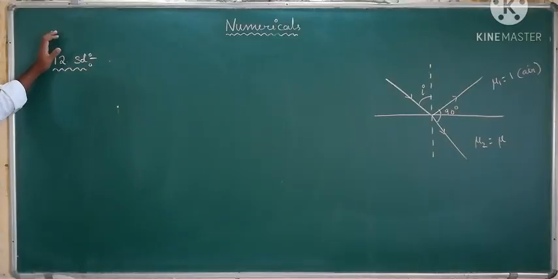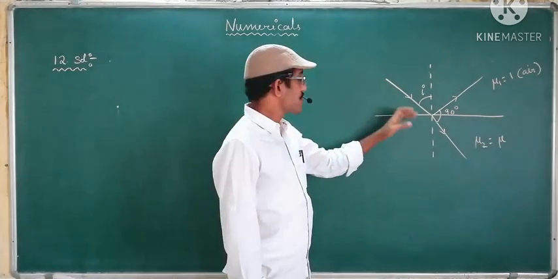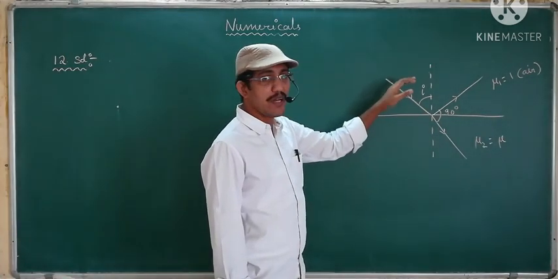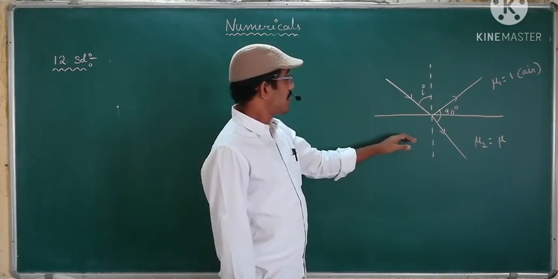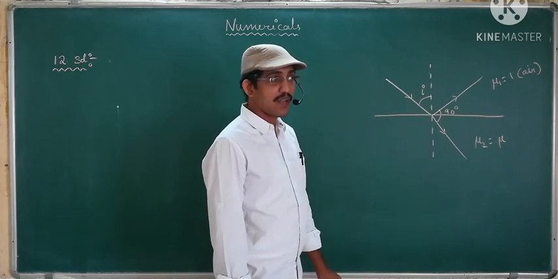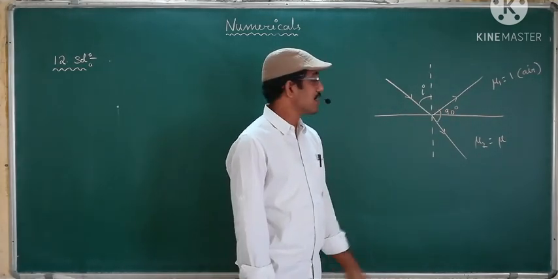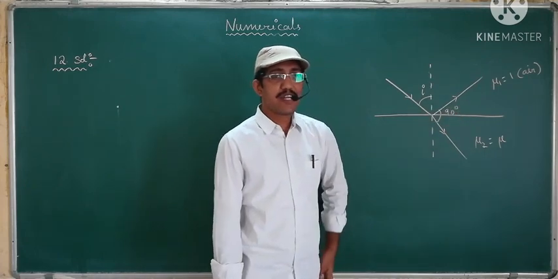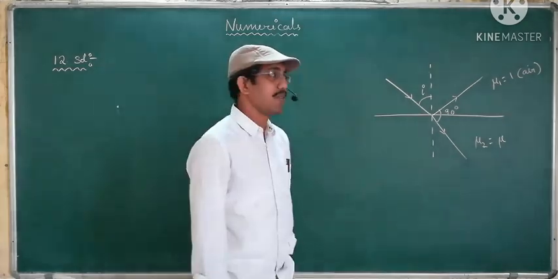A light ray is incident on a surface which is separating two media, one here and another medium here, making an angle of incidence I. As mentioned in the question, the reflected light ray and the refracted light ray are mutually perpendicular.